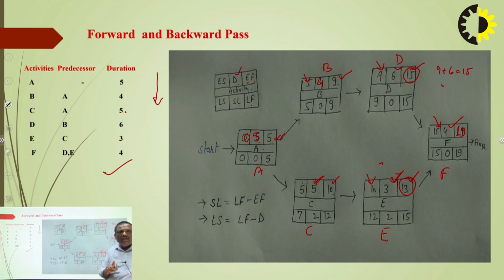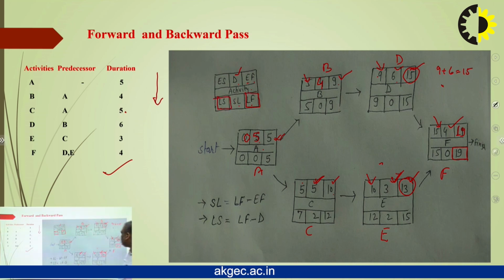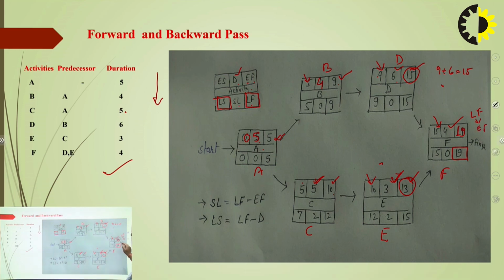In a similar way, we can calculate the backward pass, that is LF, latest finish, and LS, latest start. Because the earliest finish is 19, the latest finish is 19.